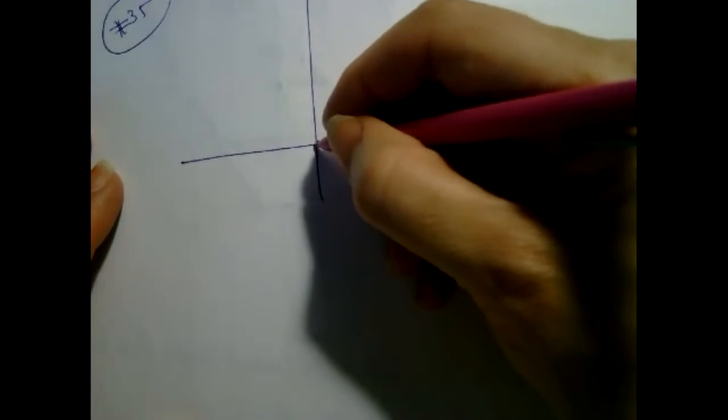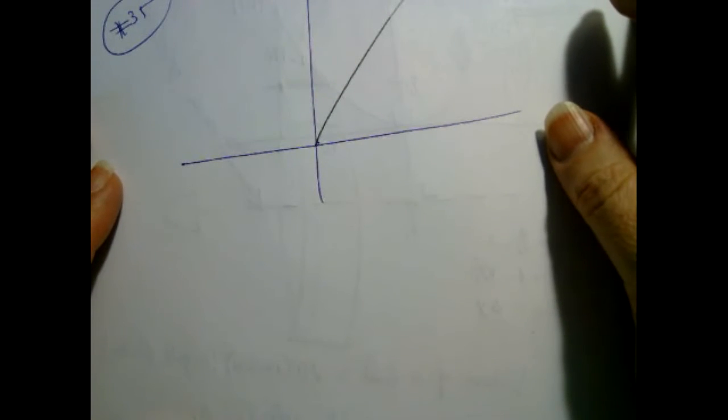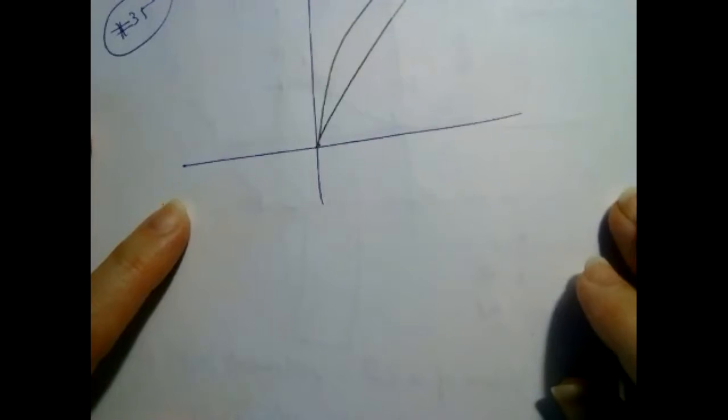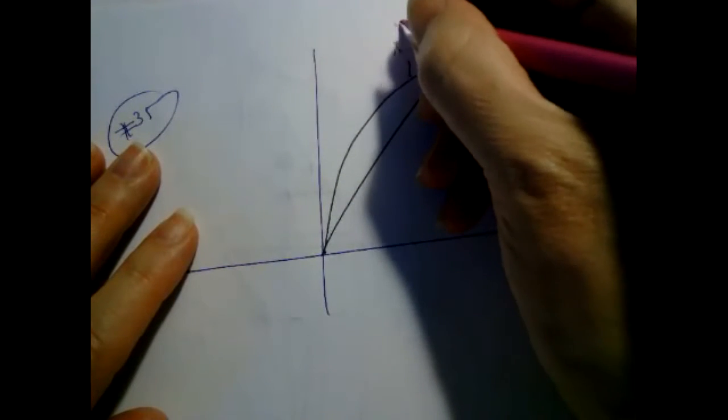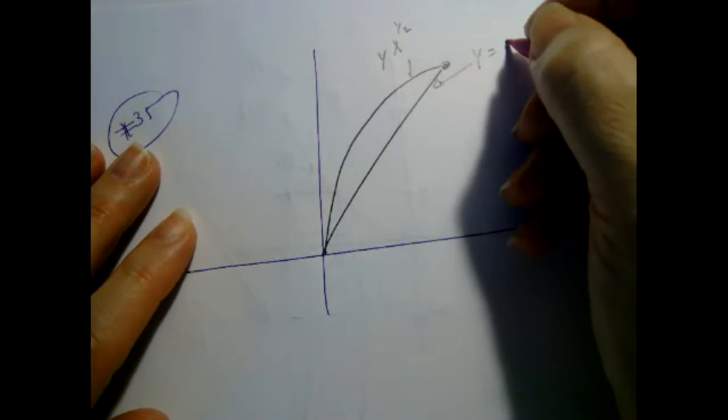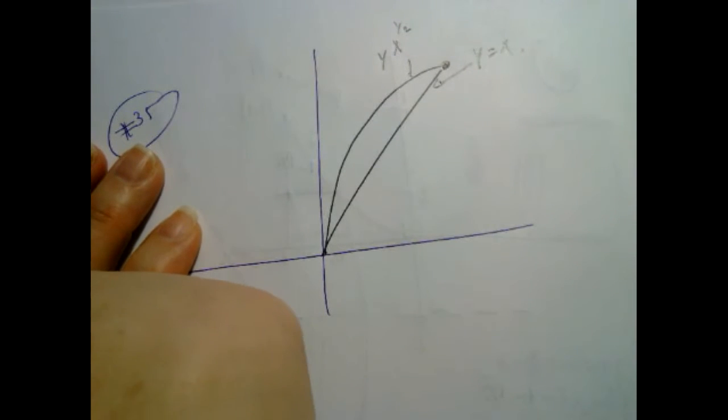We have y equals x and y equals x to the power one third. This is x to the power one third, and this is y equals x, in the first quadrant, about the x-axis.